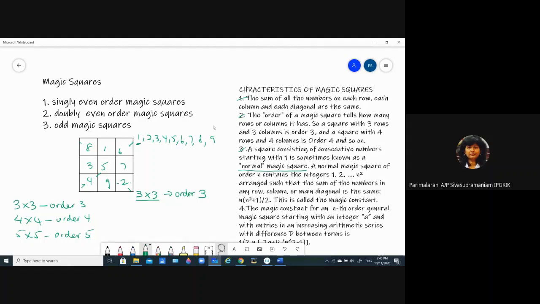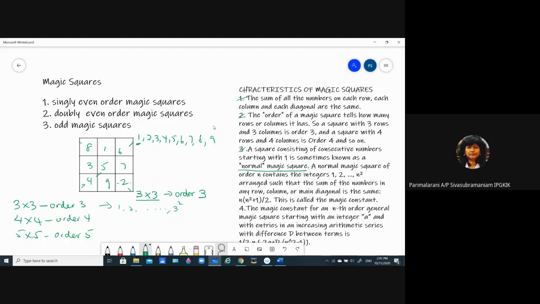Okay. A normal magic square of order n contains the integers 1 to n squared, which means if this 3 by 3 magic square is a normal magic square, then the integers it contains are 1, 2, 3 up to 3 squared.